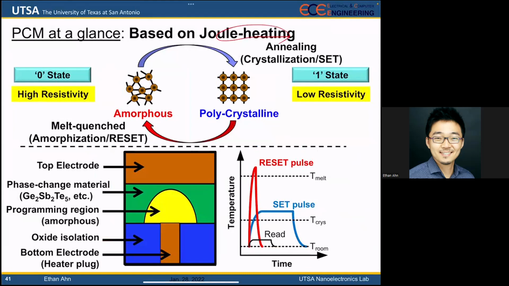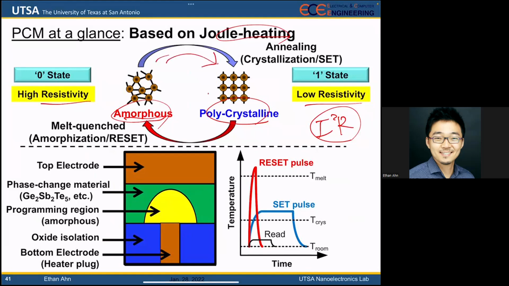Some materials can go back and forth between amorphous and polycrystalline states; crystalline is low resistivity and amorphous is high resistivity, and this transition is made by Joule heating. You apply an electric current, and because Joule heating is I squared R, you generate local heating in your material. By this heat, they can go back and forth between these two states.